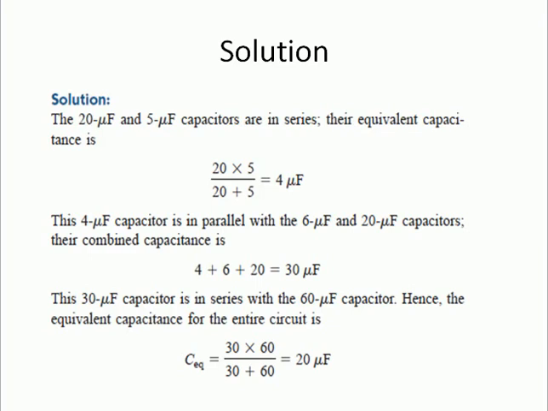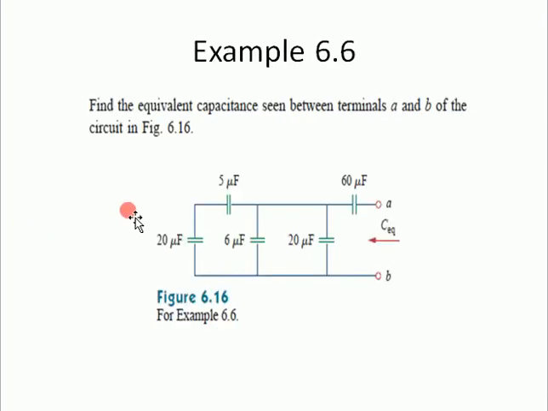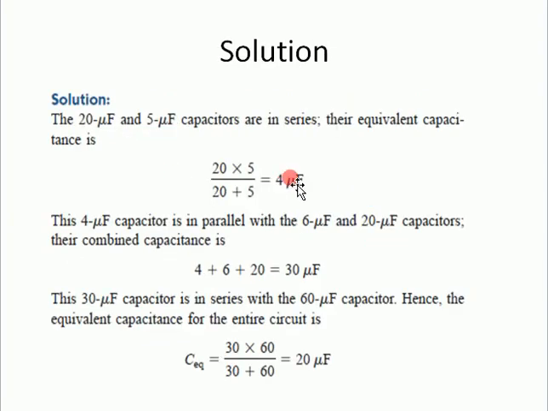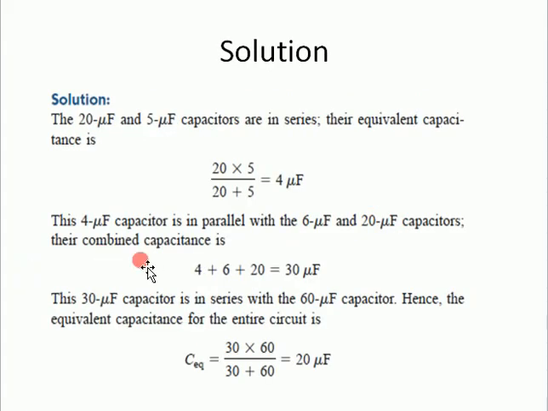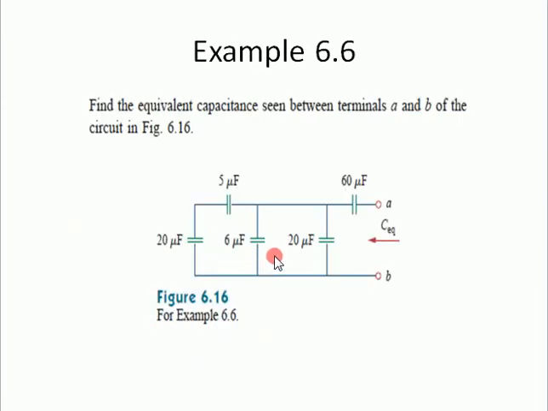So for this 20 and 5, we get the value of 4 microfarad. Now for this 6 and 20, these two are connected in parallel, so they will be added, and we get the answer of 26.